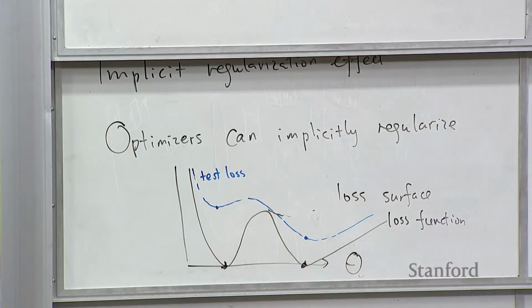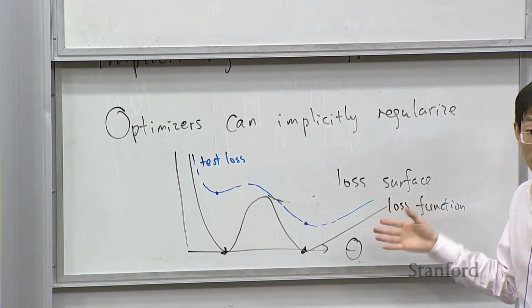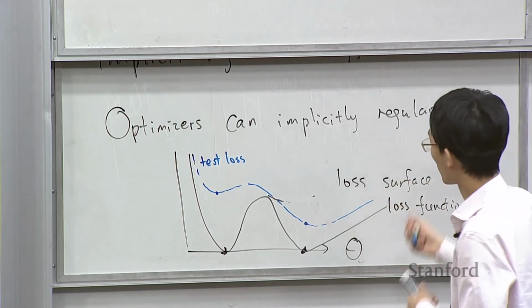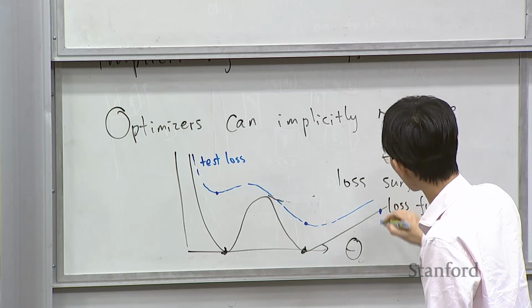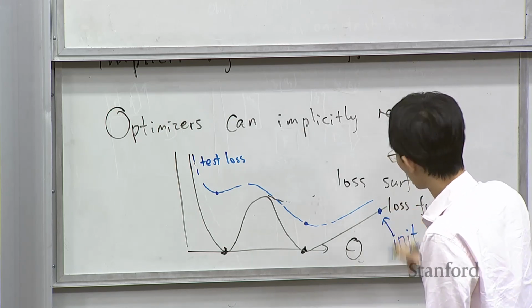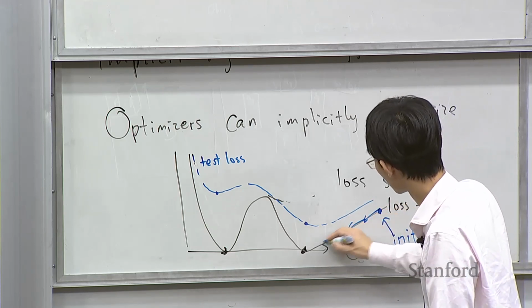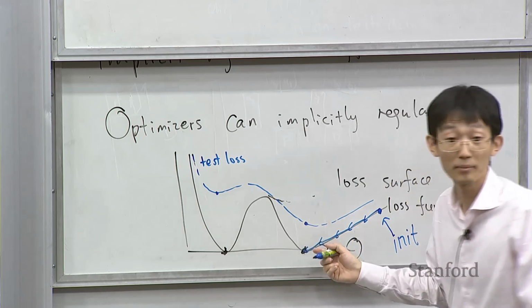But what implicit regularization would do is the following. Consider an algorithm that optimizes this. For example, suppose this algorithm always initializes here. This is the initialization, and you do gradient descent. You're going to do something like this, and you converge to this one.